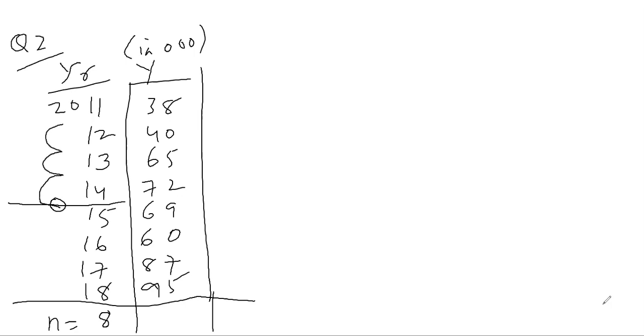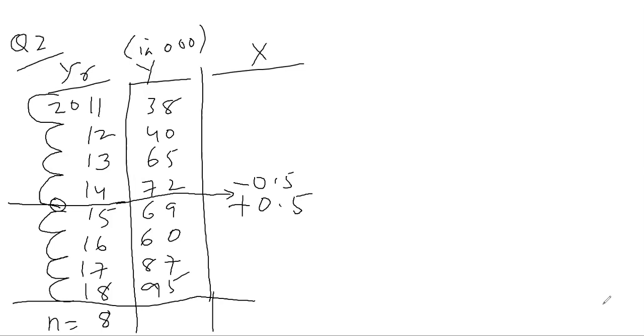Then we are going to take the mid year of every year as the detecting value. So here what I'm going to do is minus 0.5, plus 0.5. So I've taken a 0 here in between. I've divided it into a six-monthly estimate. That means I'm taking the middle of every year as my observation point.